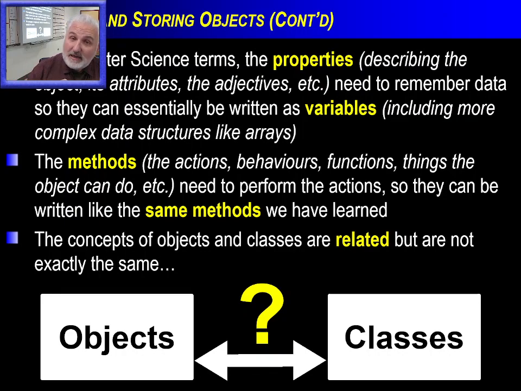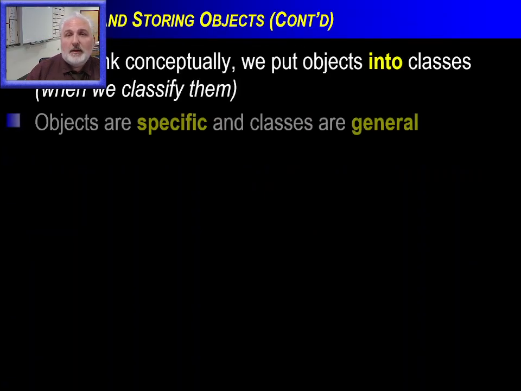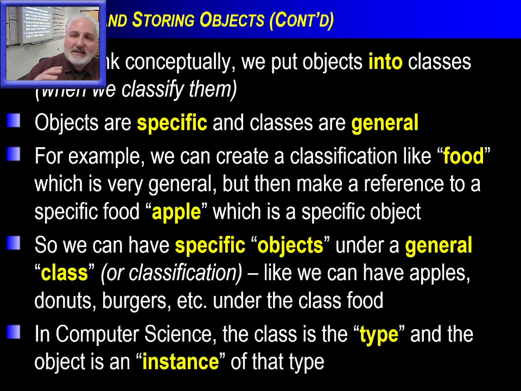The concept of object and classes now will differentiate between those words. They're definitely related concepts, but they're not exactly the same in terms of the definition. So classes is what we conceptually put things into, whereas objects are specific instances of the class. So objects are specific and classes are general. So for example, food is a very general category or a general classification, but an apple is a specific type of food.